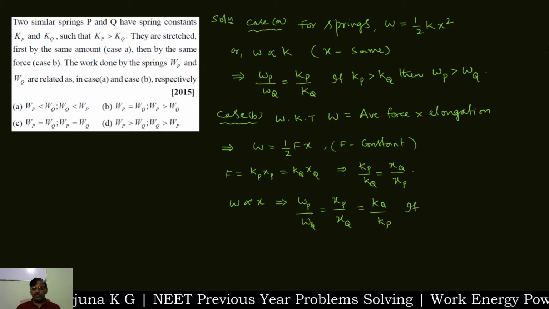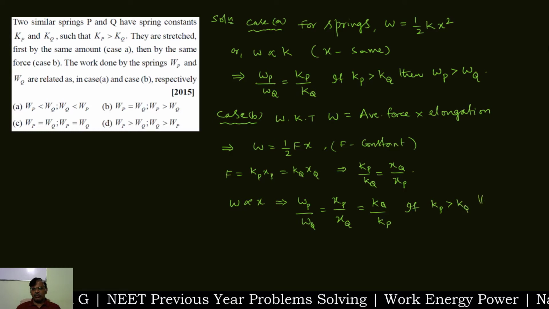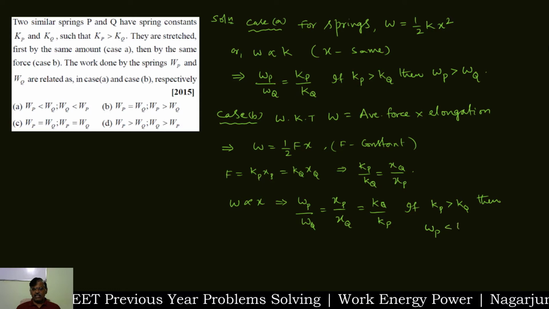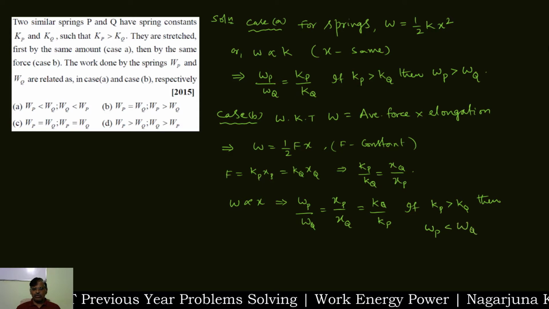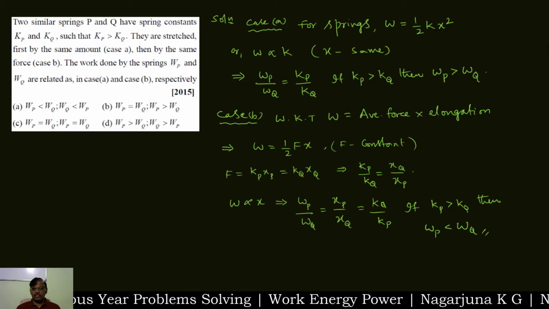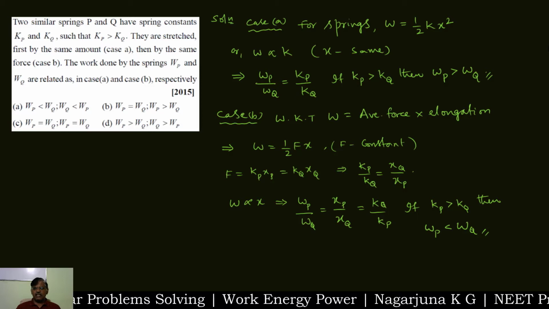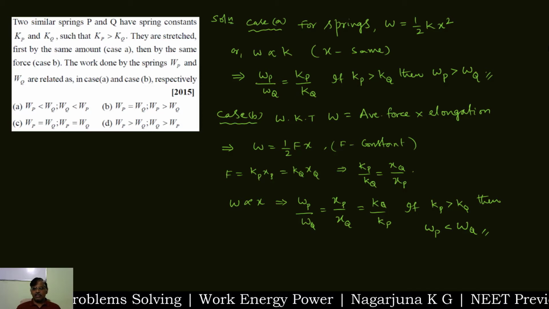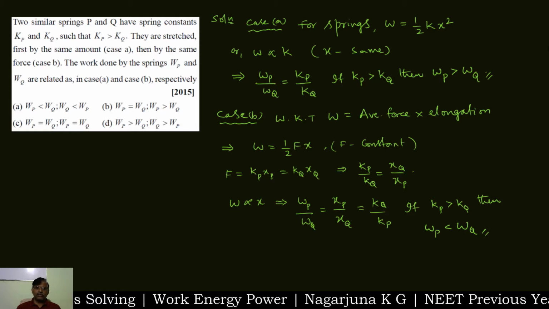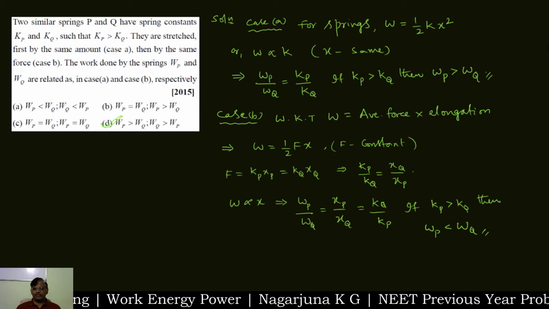So here if Kp is greater than Kq, then Wp is less than Wq. So here W and K are inversely proportional to each other. This is the second case. So in the first case, Wp is greater than Wq. In the second case, Wp is less than Wq. So therefore, option D is the correct option.